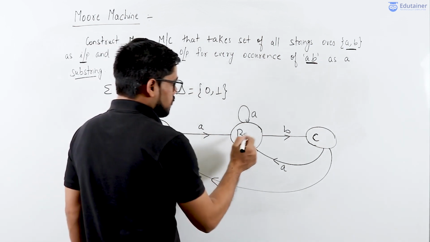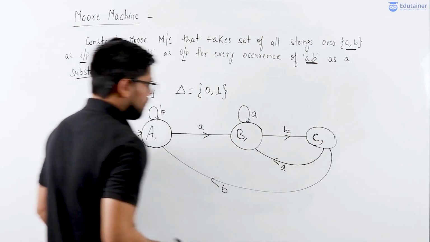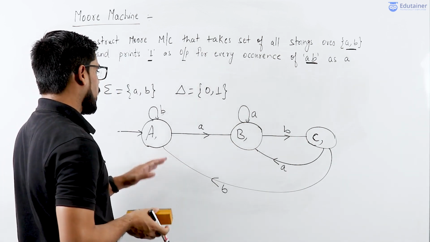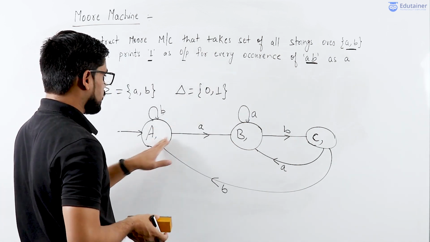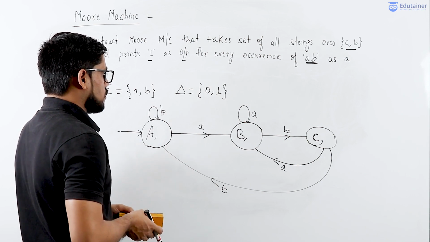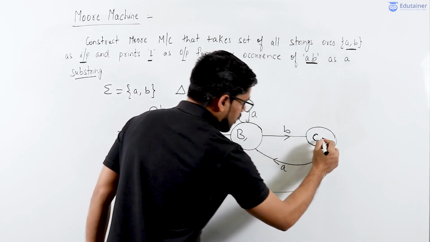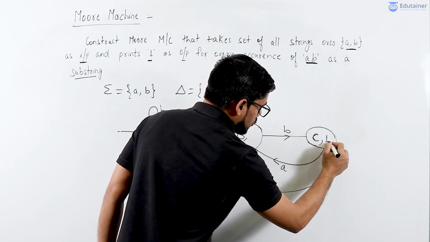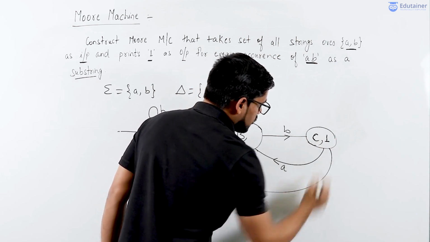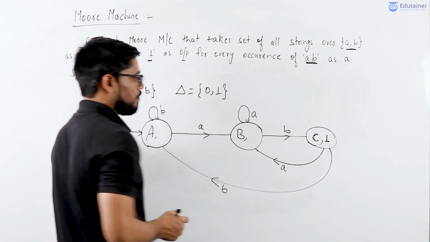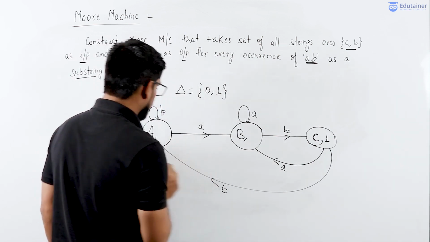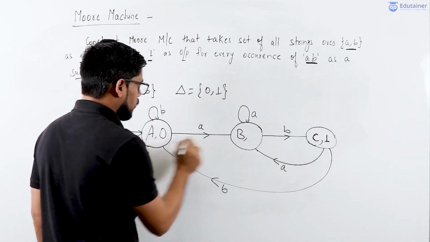Now after constructing this transition diagram, we have to add the output alphabet to it. For every occurrence of ab, the output produced is 1. So on state C, we add the output 1, and on states A and B, the output produced will be 0 and 0.